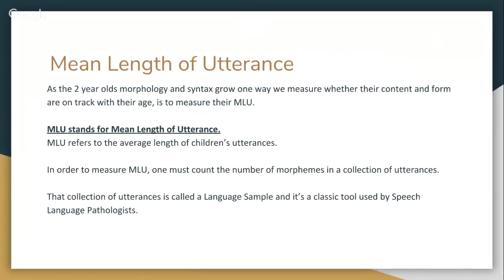We write down all of the questions they ask, the comments they make, and then we count how many morphemes are in each utterance. When we divide the number of morphemes by the number of utterances, we'll get the average MLU. And this is a tool that's used by speech-language pathologists across the nation.